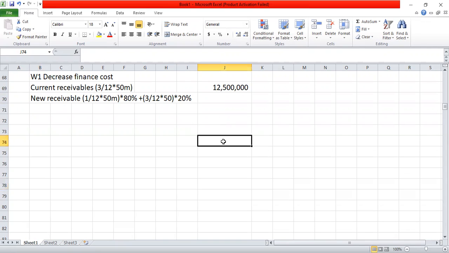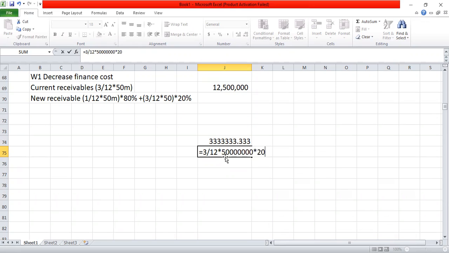One over 12 times 50 times 80%, plus 3/12 times 50 times 20%.